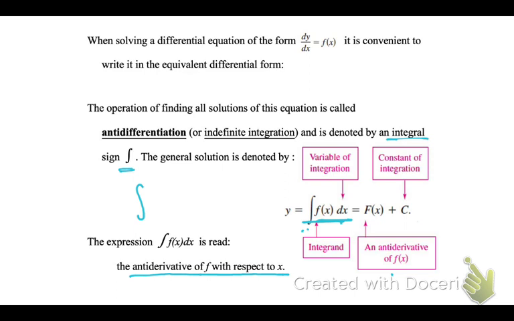Integral is so much easier to say than antiderivative, I think. We good? Okay.